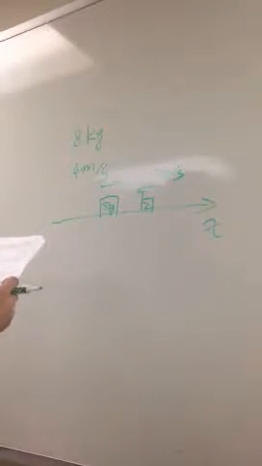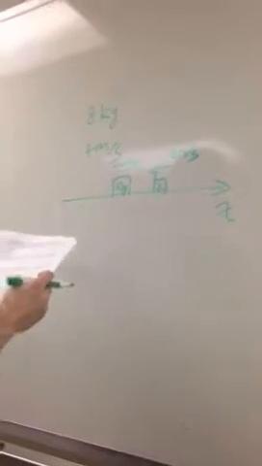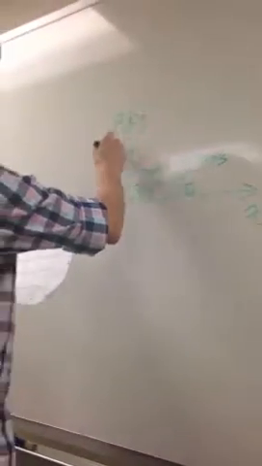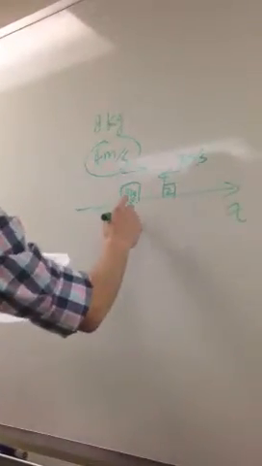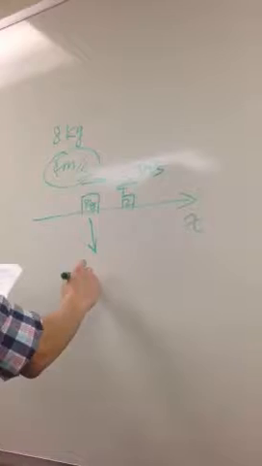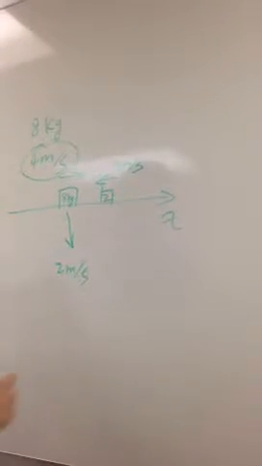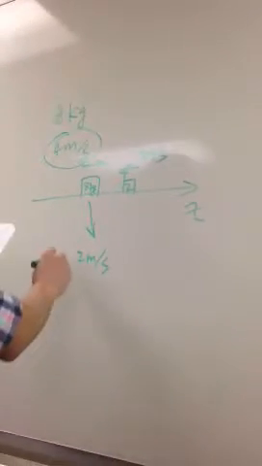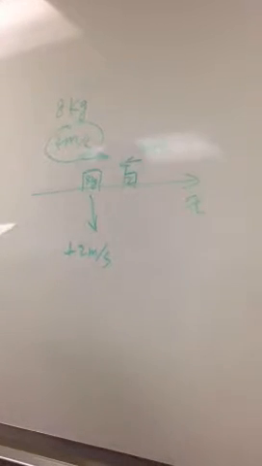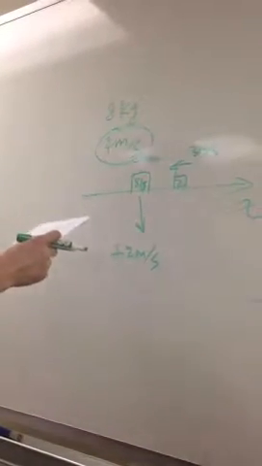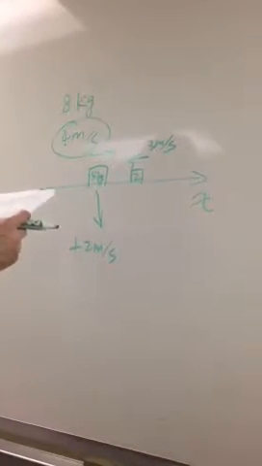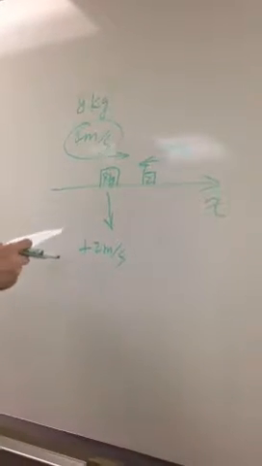The final velocity of the 8 kilogram object, after the collision, will turn to 2 meters per second, and it's positive. What's the total kinetic energy of the two mass system after collision?